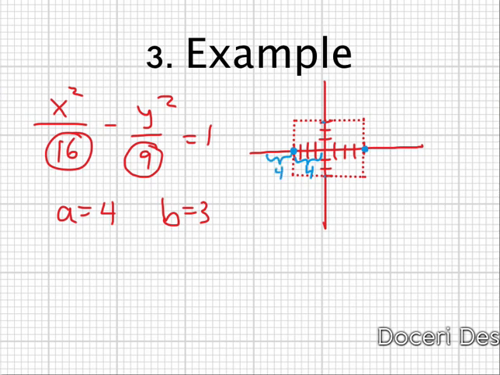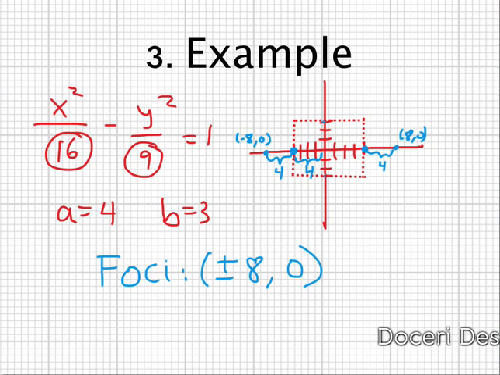So we're at -4, 0 here, so my focus is going to be at -8, 0. And I'm going to go 4 units in the opposite direction, which gives me +8, 0. So my 2 foci are going to be at ±8, 0. That's as easy as it gets.